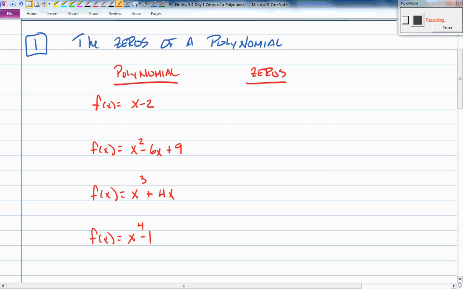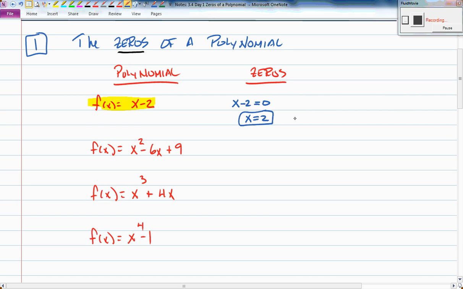So the first idea is we're going to spend some time talking about the zeros of a polynomial. And I have 4 polynomials here to look at, and they go up increasing in degree as we move along here. So the first one is f of x equals x minus 2. So we're talking about the zeros for this particular polynomial. So what we mean by that is if I set x minus 2 equal to 0 and I solve, I would see that x equals 2.